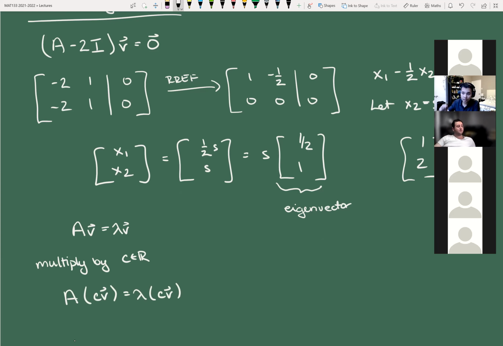So it says that if V is an eigenvector, then CV is also an eigenvector for any value of C, right? Because it still satisfies that same equation of A times the vector is equal to lambda times the vector. Does that make sense? So any scalar multiple of an eigenvector is still an eigenvector. We usually just say though that they're the same eigenvector, right? Because they are generated by the same solution of the homogeneous system.